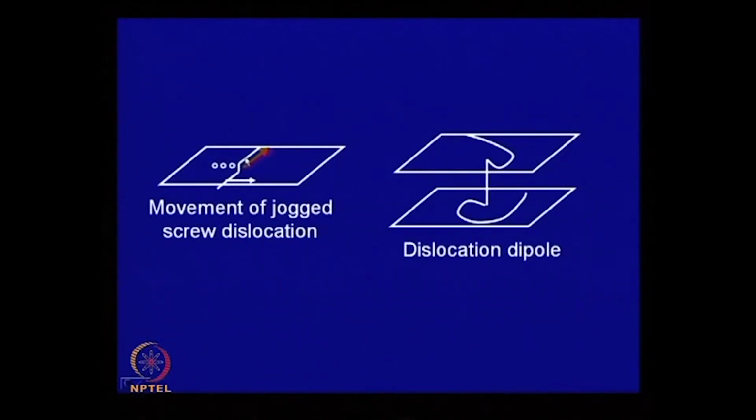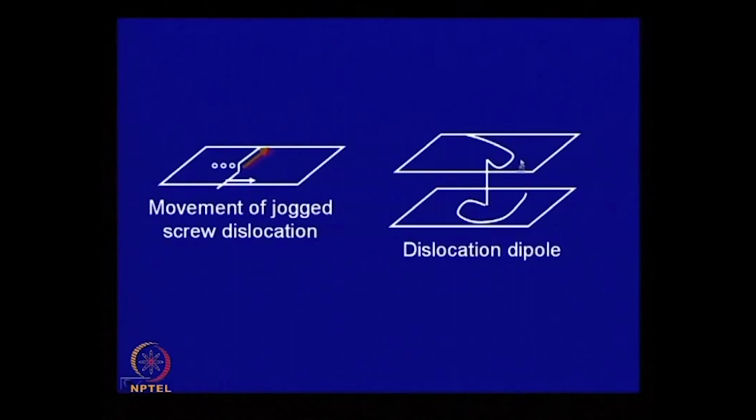If this screw dislocation continues to move along the slip plane, it has to drag the jog. If it drags the jog along with it, it will leave behind a trail of vacancies, as shown over here, and these vacancies exert a force on the dislocation, which leads to strain hardening. But in another extreme case, the length of the jog is very large.